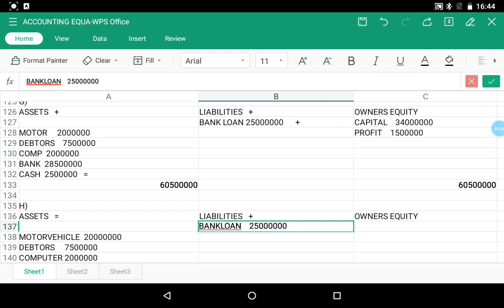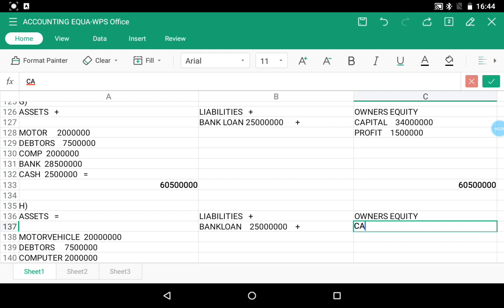Do we have any other liability? No. Plus capital. Under capital, remember we have 34 million, less 2 million, the one we used to pay rent.